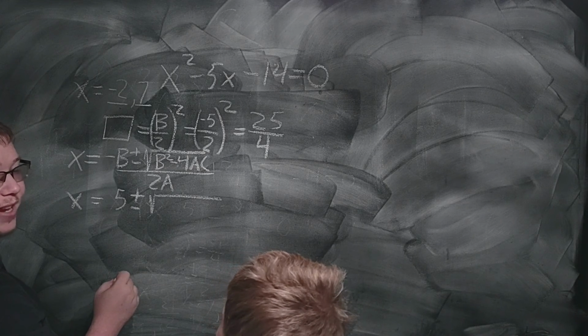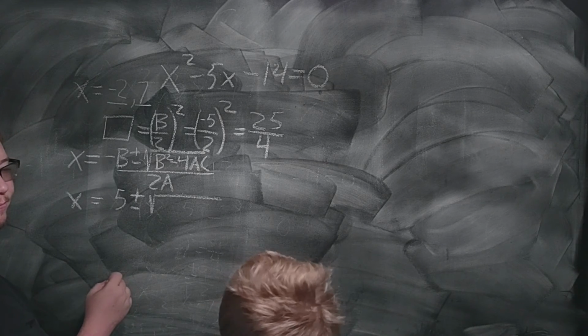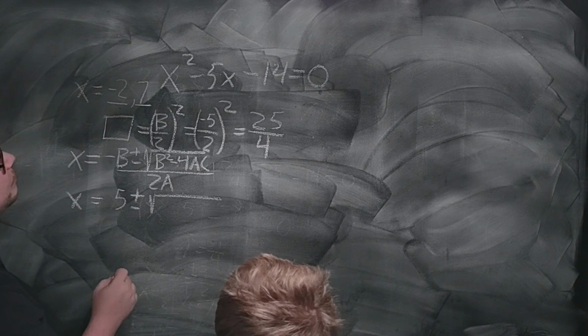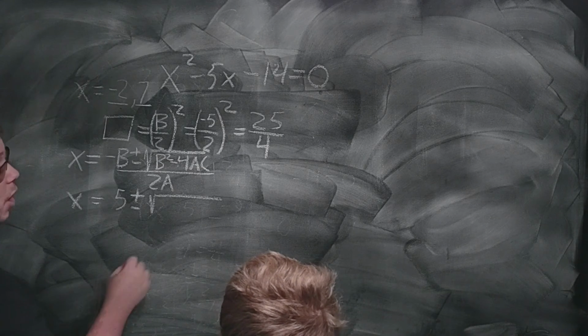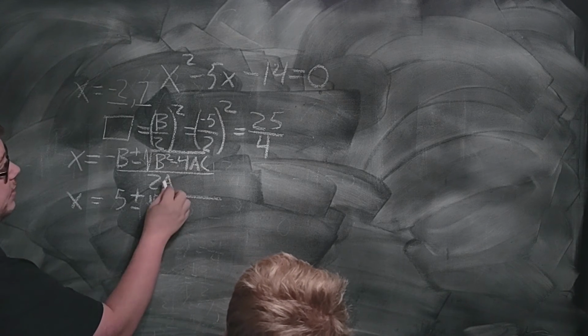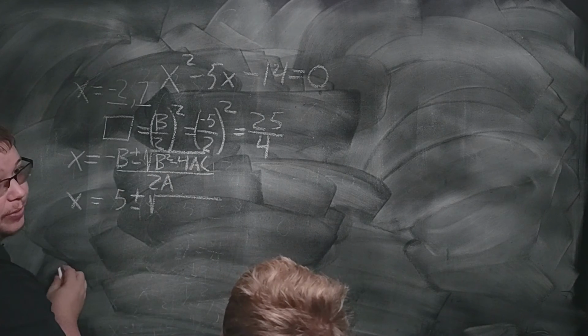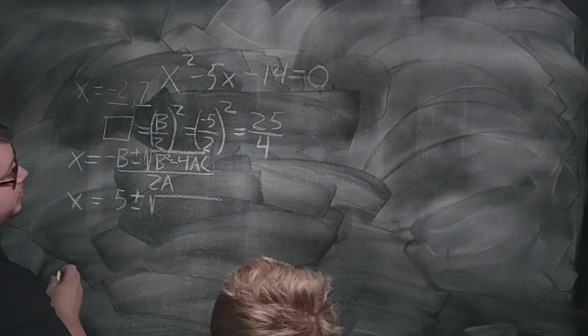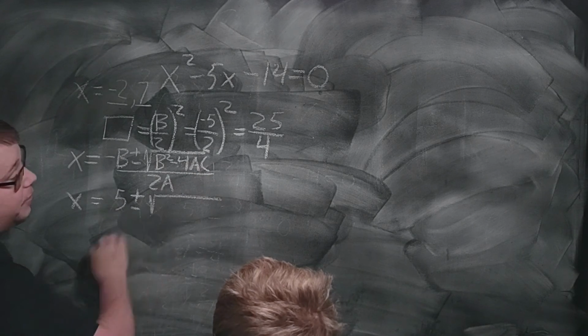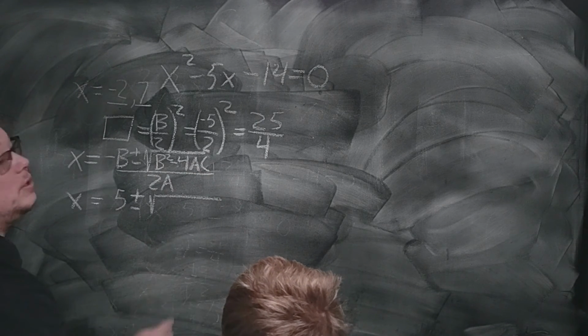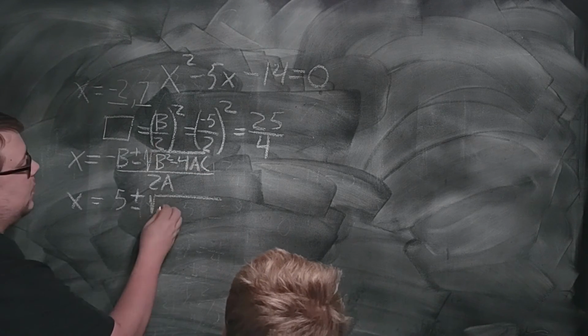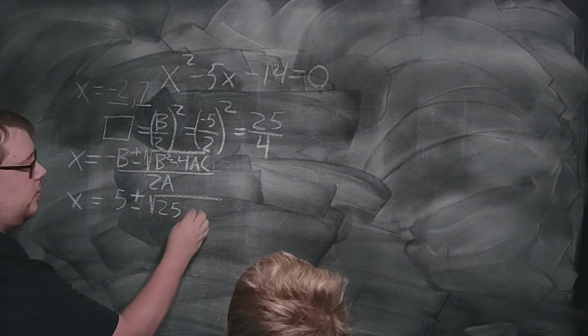No, 5. Oh, we don't do the square root yet. We have to do this subtraction before we do the square root. So we can't just take the square root of 25. We have to actually take negative 5 squared, which is 25.